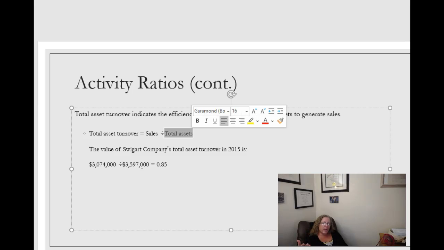If you recall in my previous recording, we looked at the balance sheet, they totaled current assets and then fixed assets, and then we added our current and our fixed to get total assets. So the ratios are not difficult, it's just a matter of knowing where to get these numbers off of the financial statements.